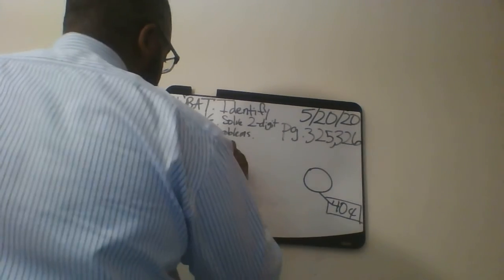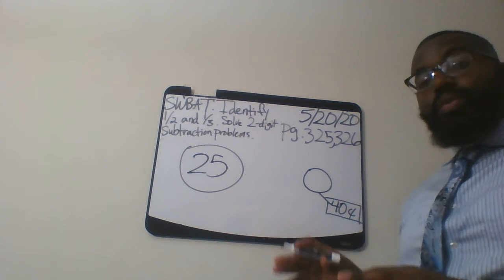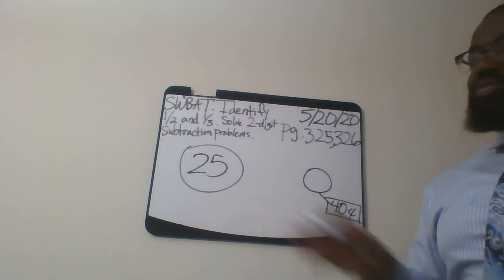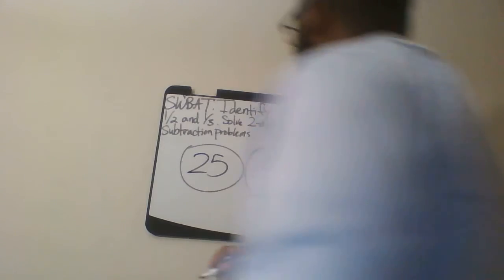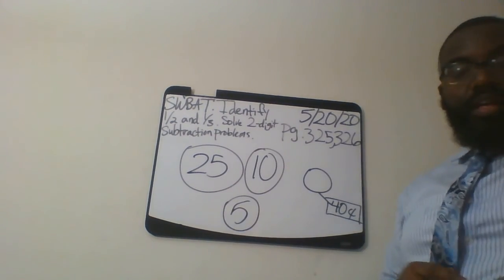So start off with a quarter. That's 25. And you can do this any way you want, but we could do a few examples. 25 plus a dime, that's 35. Plus a nickel, that's 40.